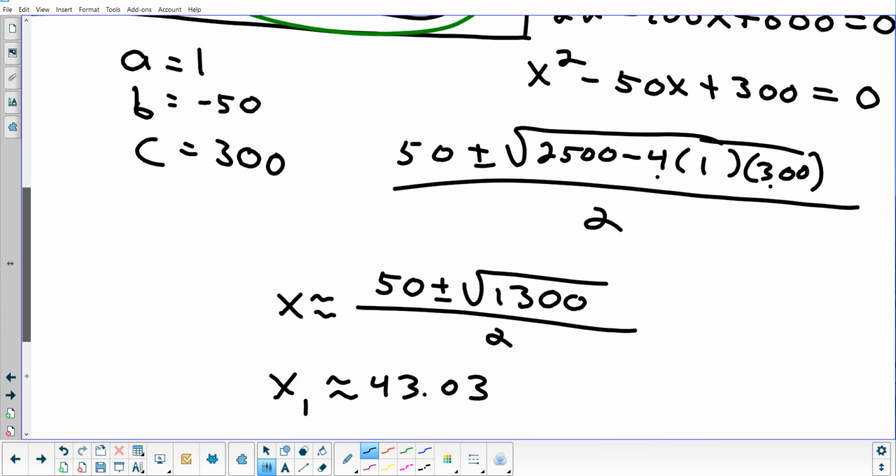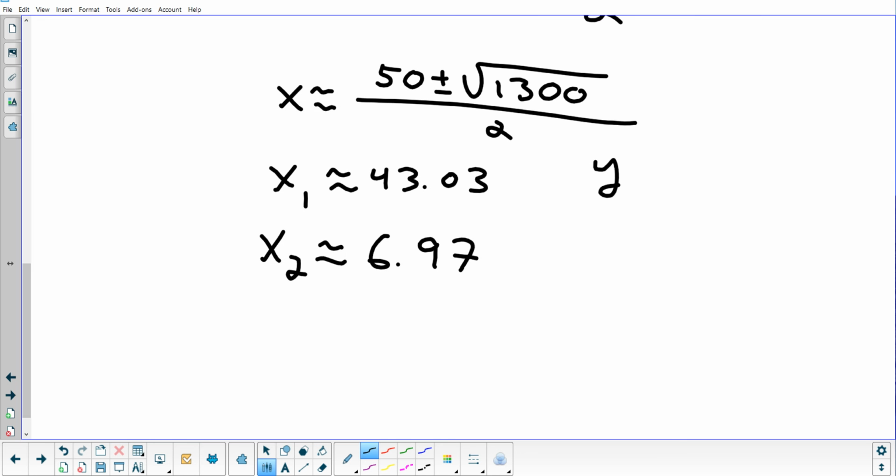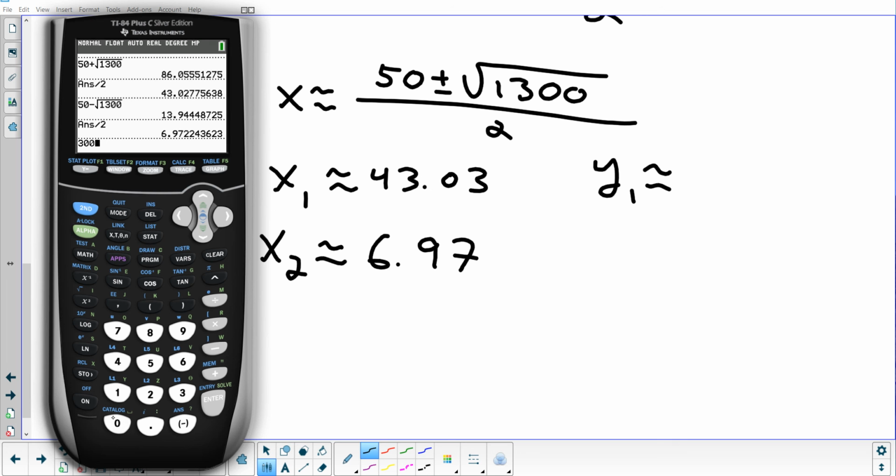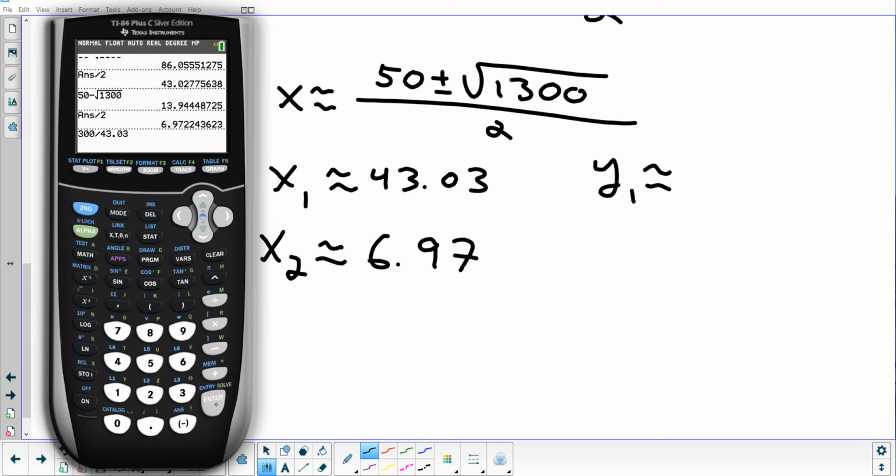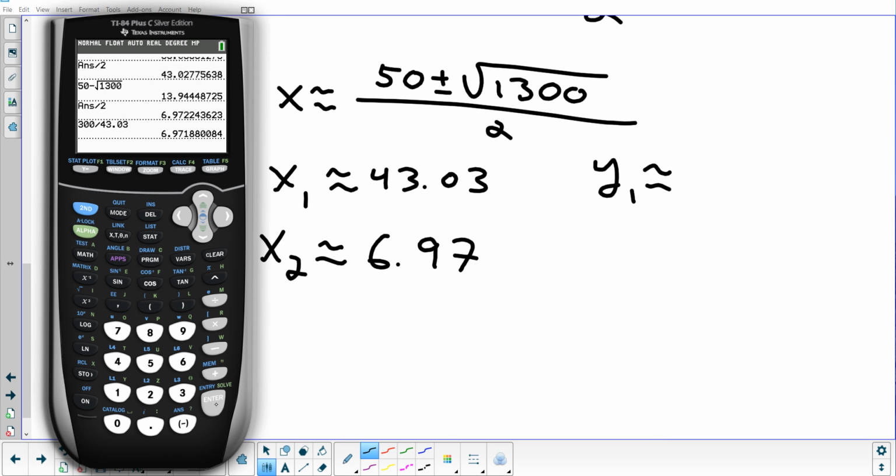All right, so let's do y1. 300 divided by 43.03. 6.97.